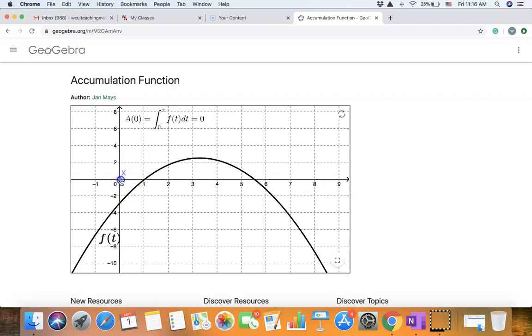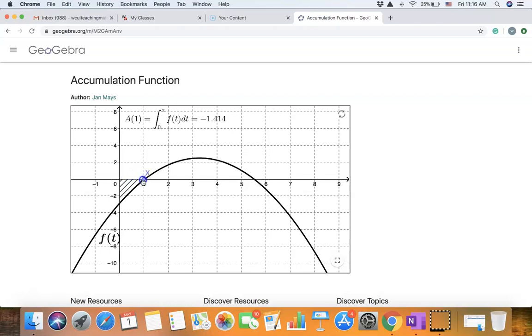So you can see the function value at the beginning, when x is 0, equals 0, right? But when I start increasing the value of x, it becomes negative and becomes more negative as I move this to the right.